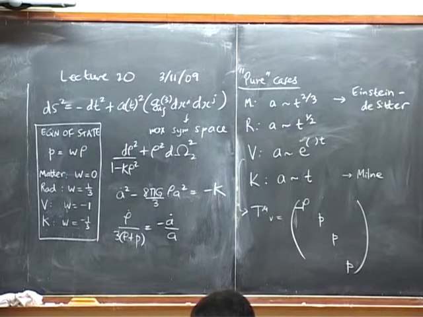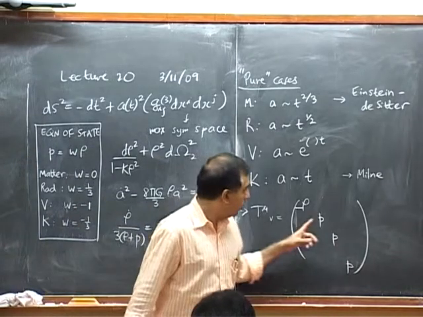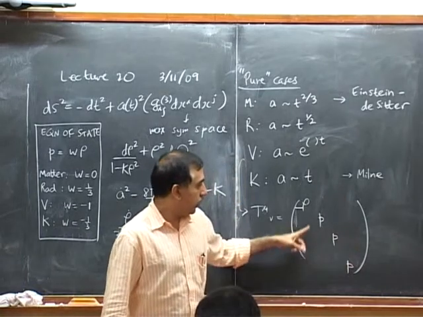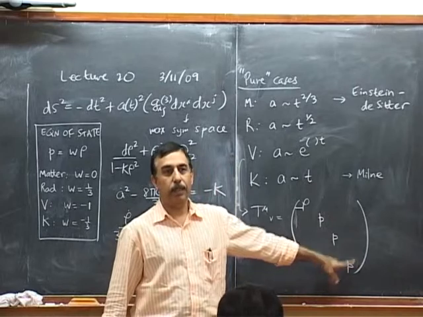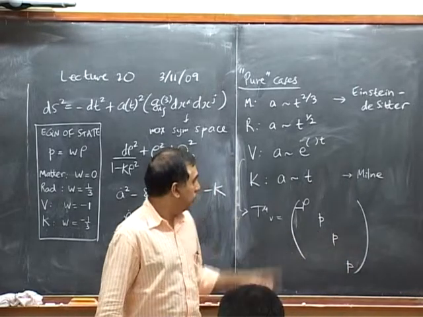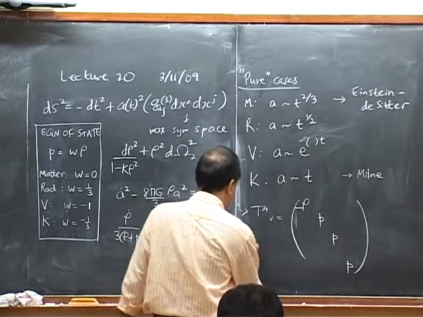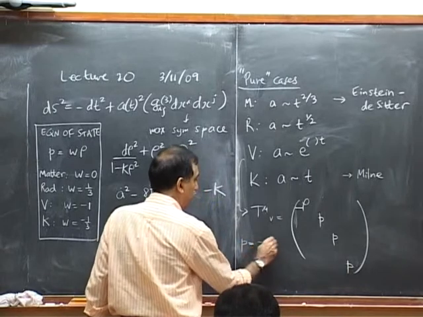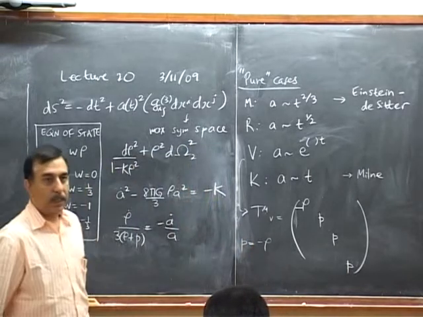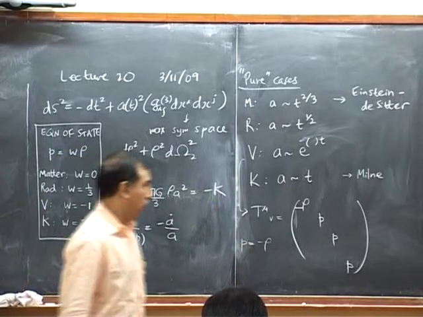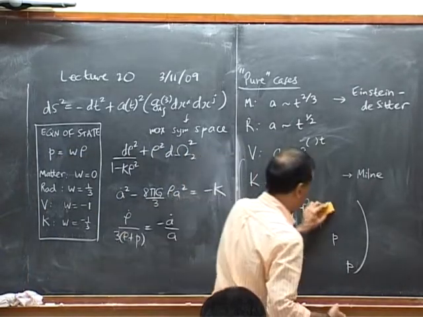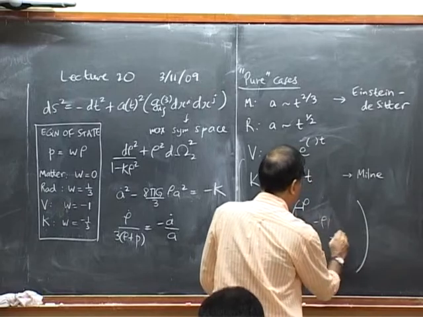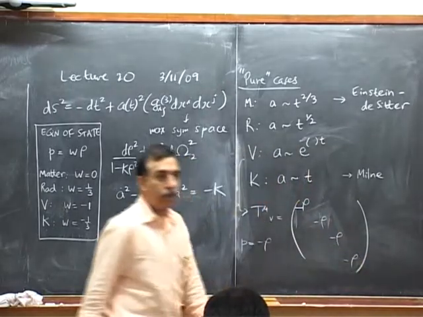This was the basis why we said there should be a nice isotropic solution, because the space part is proportional to the identity, three p's. But in the vacuum case, P is equal to minus rho, so this is really minus rho, minus rho, minus rho, minus rho.